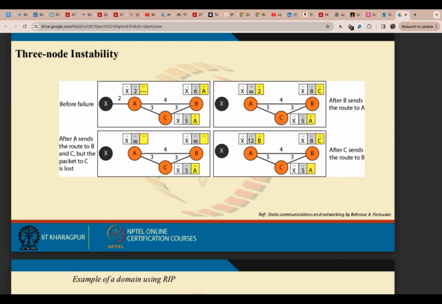It will be infinity first. After A sends the routing table to B and C, the packet to C is lost. Automatically, it will be updated among themselves using the lowest one, and the cost will come out such that the route to X will be 12 away, and so on.